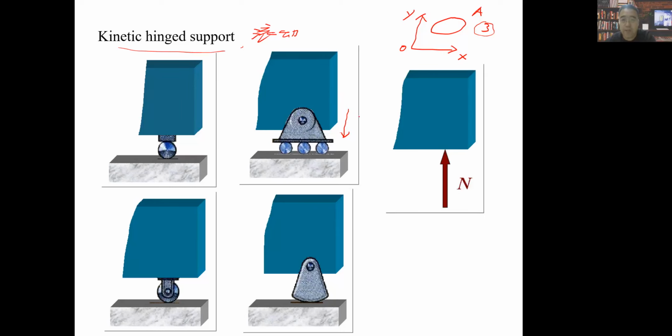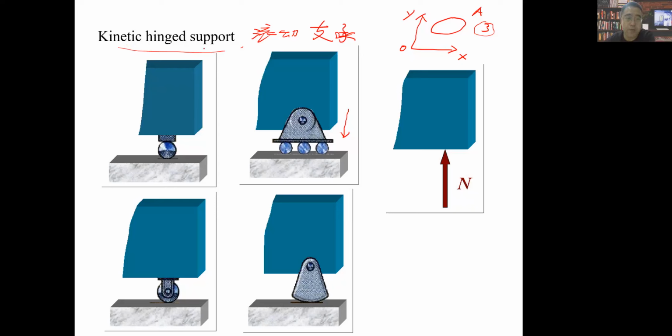That is, if we find this kind of kinetic hinge support, or 滚动支撑, we will know that there will be only one direction of constraint or reaction force along this direction. So this force with this direction will prevent this body from moving along the minus y direction, right? So that's the new kind of kinetic hinge support.